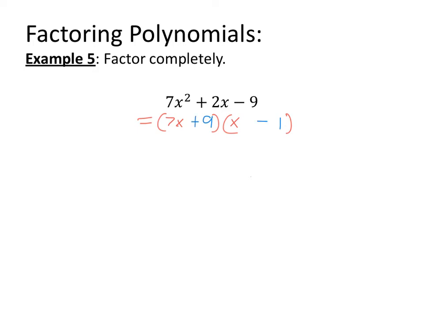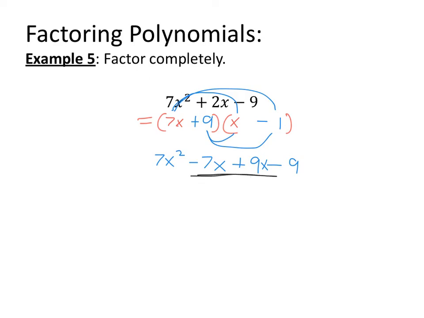So we'll do 7x times x and 7x times negative 1, and then 9 times x and 9 times negative 1. And that gives me 7x squared minus 7x plus 9x, and then minus 9.